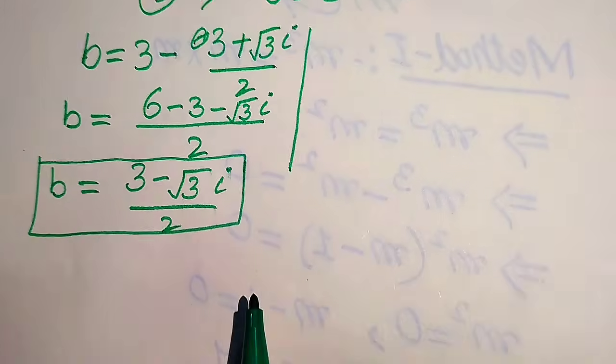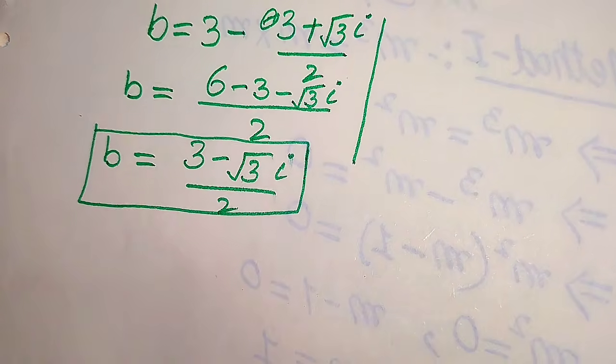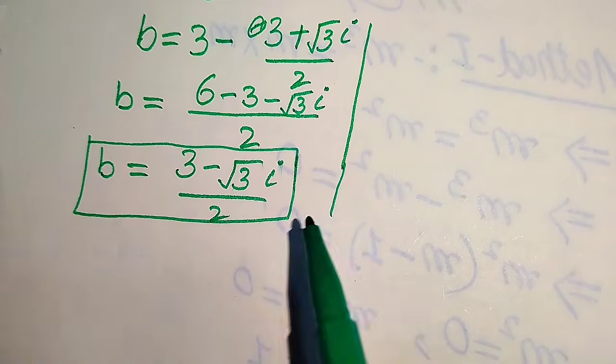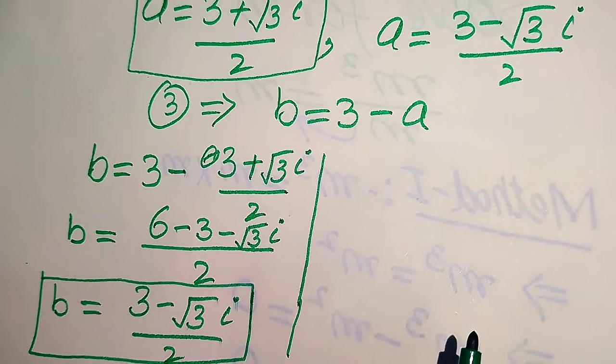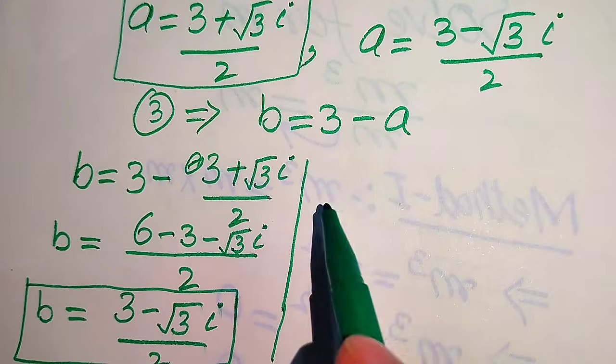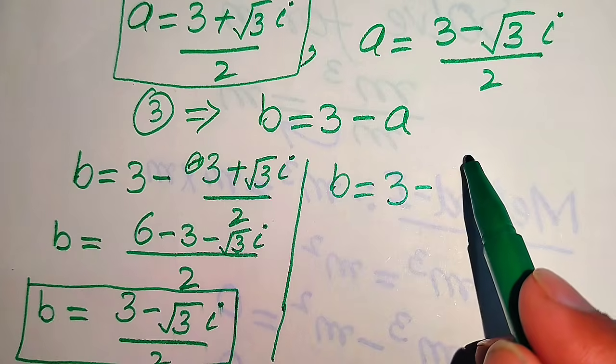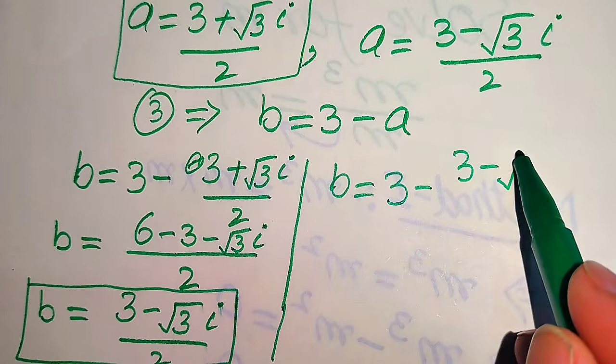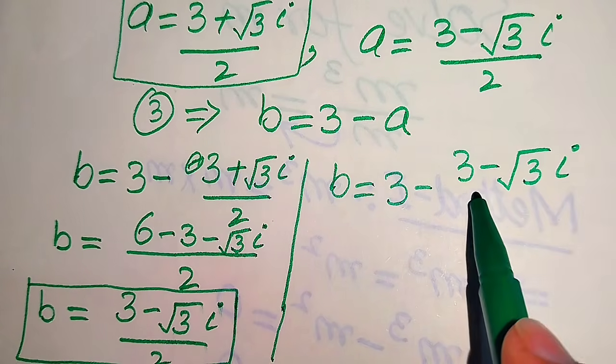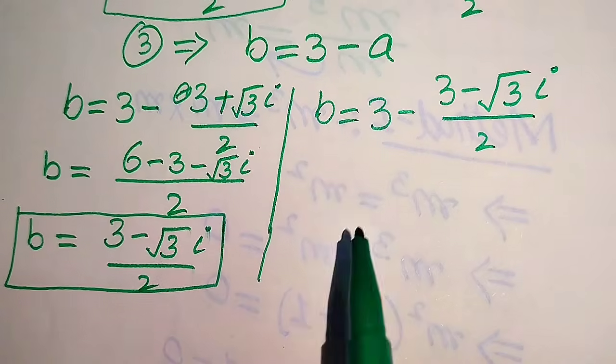In the next step we find the second value of b. We substitute this value of a, so b equals 3 minus a, where the value of a is 3 minus square root of 3 iota, divided by 2.